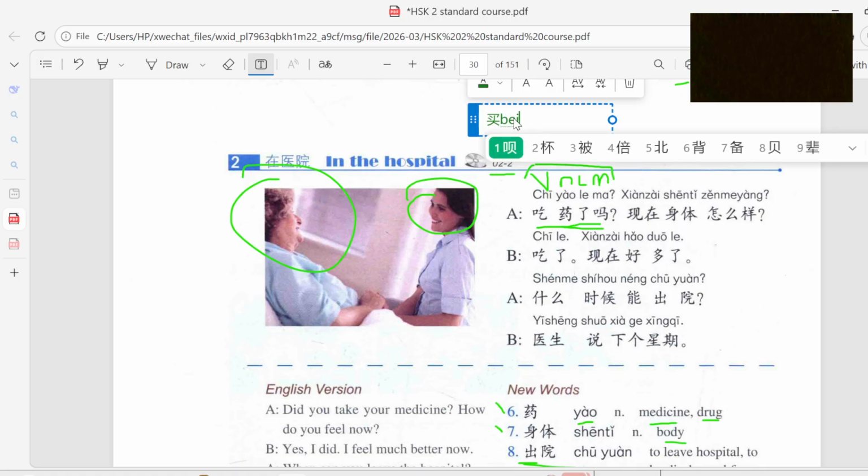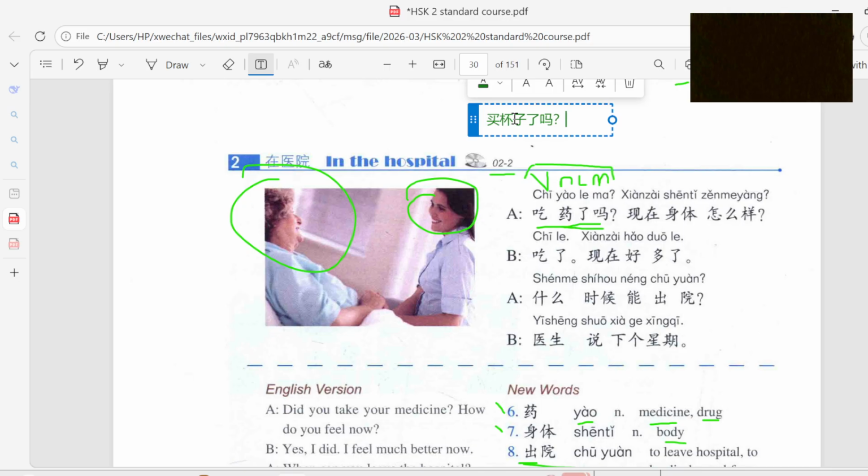We learned a cup. So let's say 买杯子, 杯子 is a noun. 买杯子 plus 了 ma, which is a question particle. In this case, it means did you do so and so?